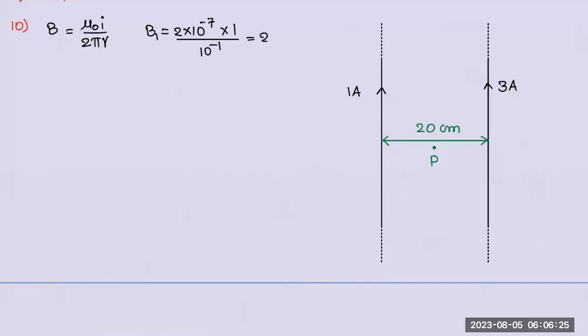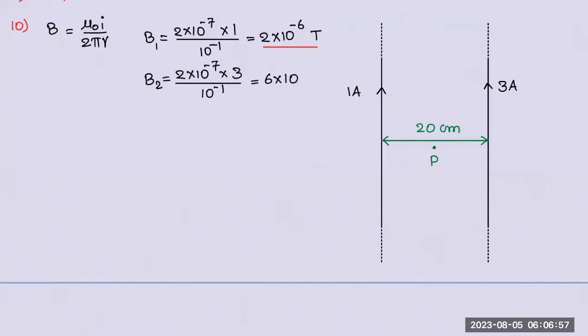So that is equal to 2 into 10 power minus 6 Tesla. Then what about B2? B2 is equal to 2 into 10 power minus 7, that is mu naught by 2 pi, into 3 by the same distance, 10 power minus 1, which is 6 into 10 power minus 6 Tesla.